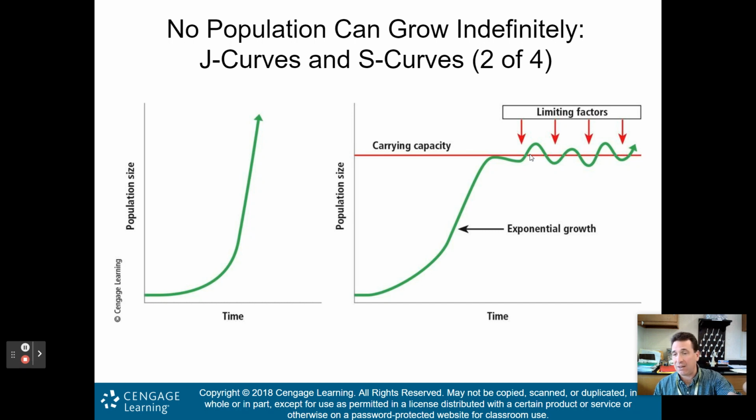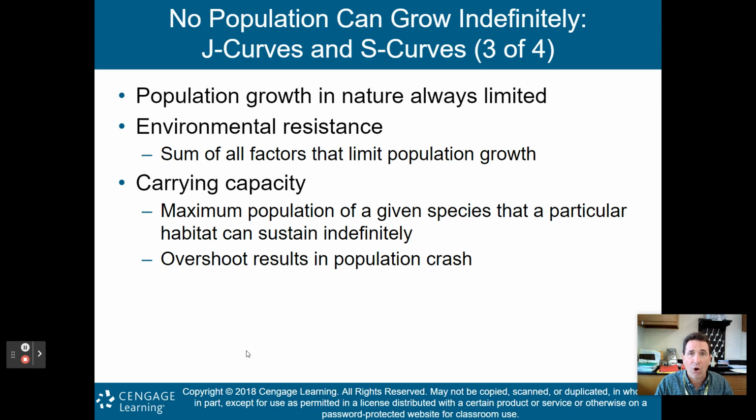Maybe it's the amount of food available, maybe it's the amount of sunlight available, or water, or things like that. So the J curve ends up turning into an S curve. It looks kind of like an S here, because you get this carrying capacity, or the limiting factors, and then the population levels off. So that is logistic population growth, or an S curve.